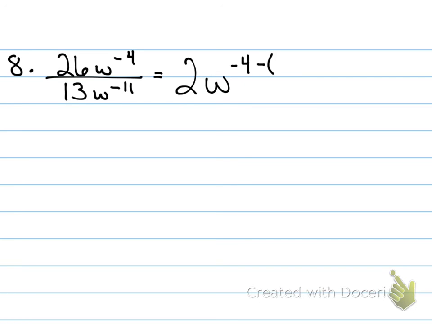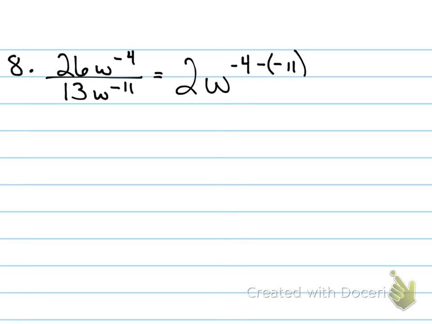All right, now, what if I had this? Simplify the numbers and subtract your exponents. 26 divided by 13. 2w to the negative fourth minus negative 11. You're subtracting a negative. It's already a negative.